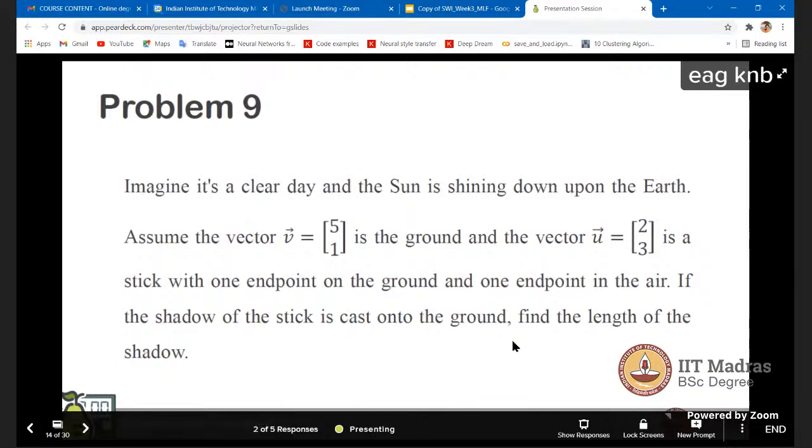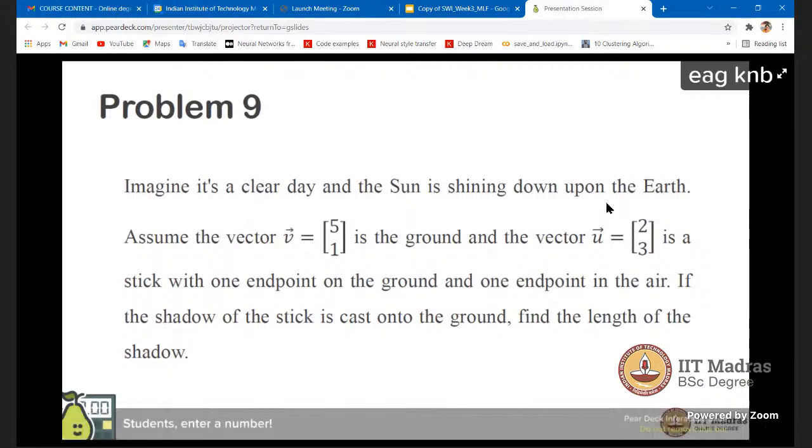So we have got 2 responses. I hope you are working. Let me wait for 1 more minute. I hope everyone would have related to the concept that is underlying this question.